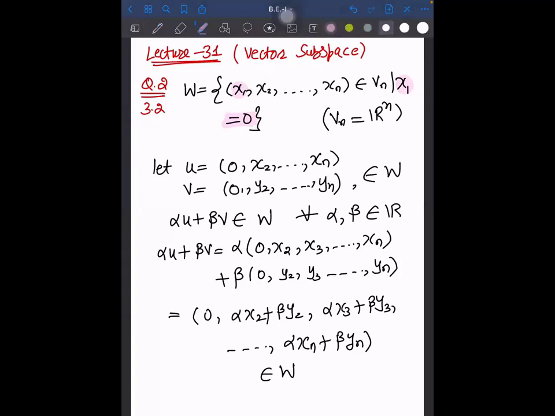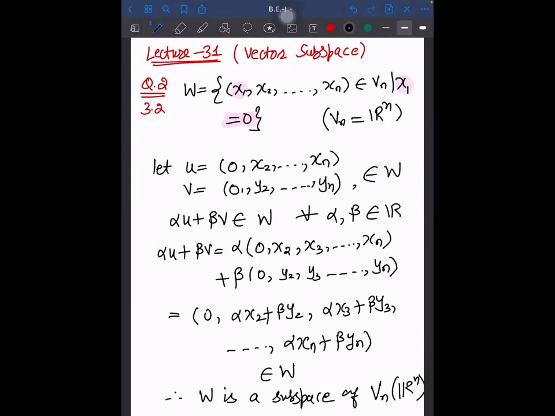The first component is 0 and all these are reals. So of course, this is an element which belongs to W. Which means that W is a subspace of Vn, or you may call it Rn. Is it fine?